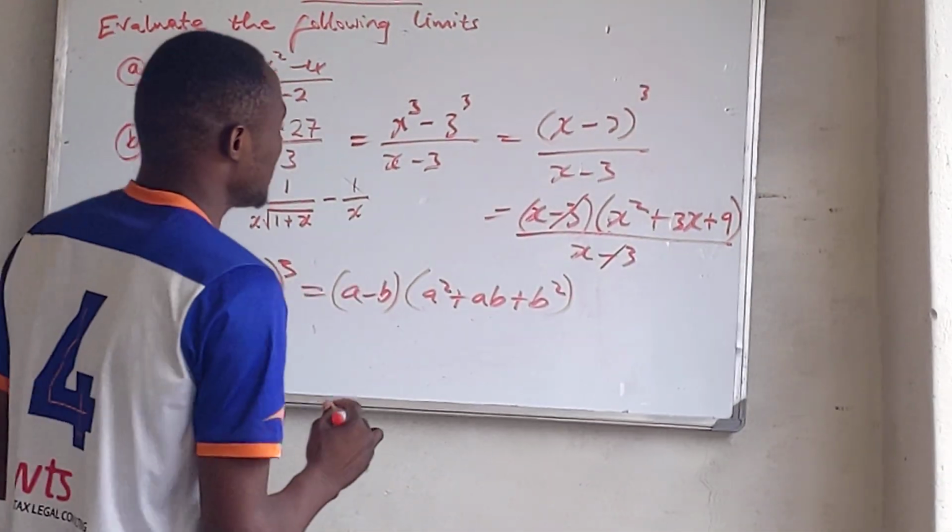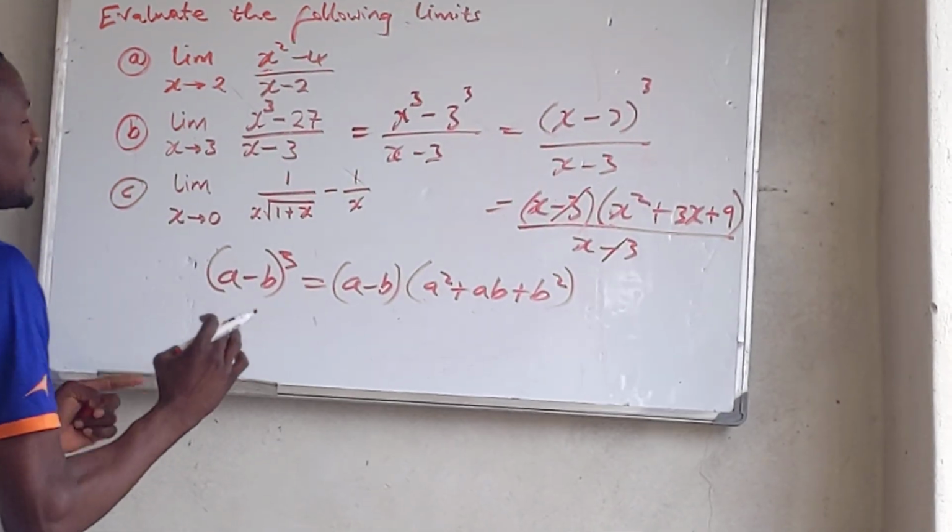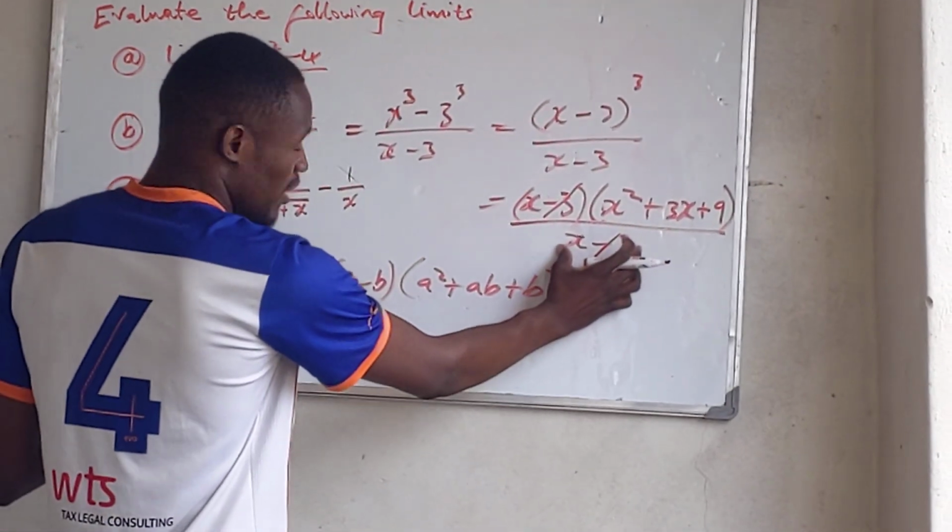Therefore, we'll go ahead and substitute now, because we know that we are not going to have a 0 down here.